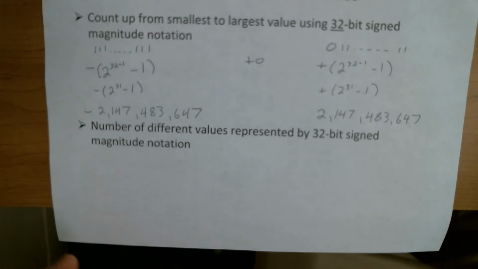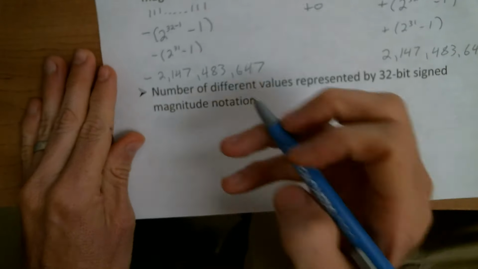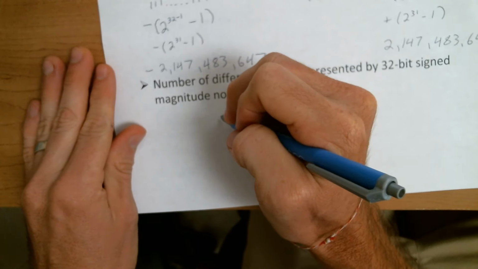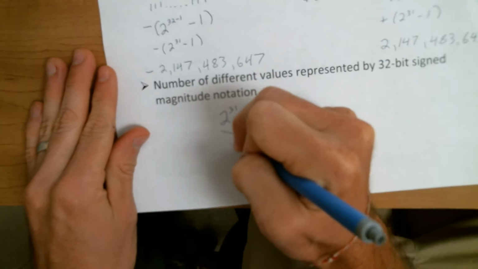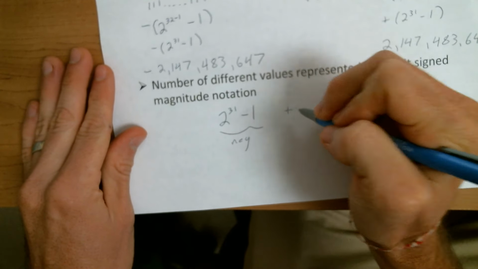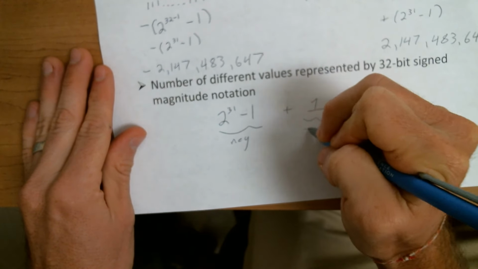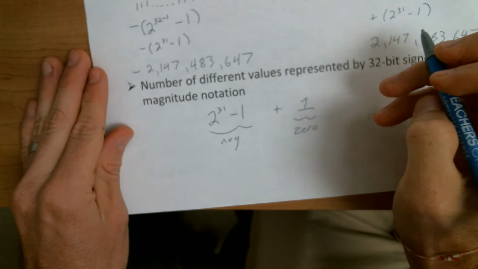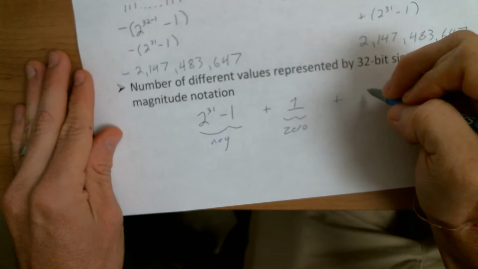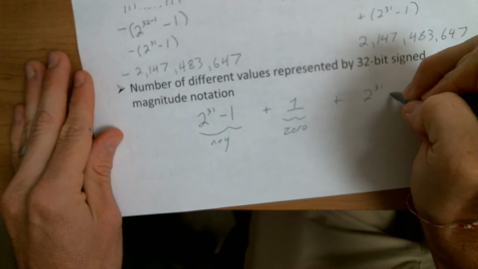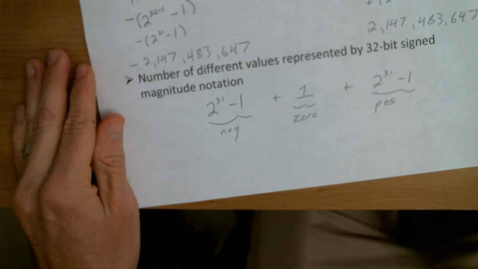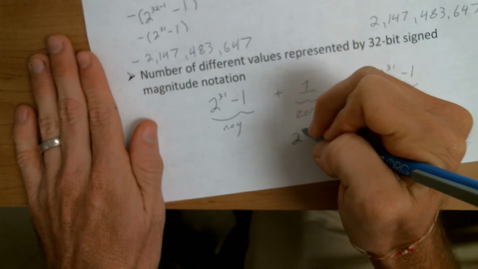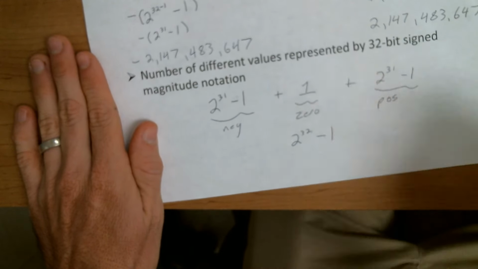And then if we wanted to figure out how many unique values we had in total, remember you've got your negative values, and you've got 2 to the 31 minus 1 negative values. Even though we have 2 representations for 0, we've only got 1 0. There is no such thing really as a negative 0 and a positive 0. And then we have 2 to the 31 minus 1 positive values. So altogether, that's actually 2 to the 32 minus 1.